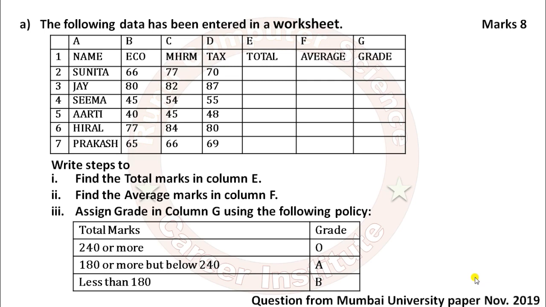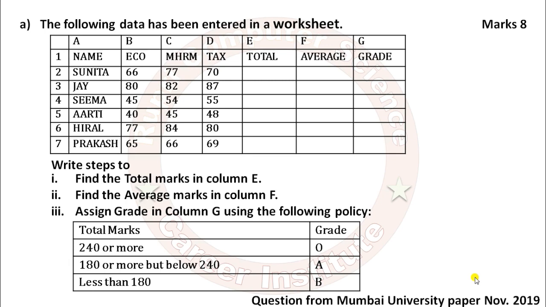Below that the question: write steps to find, first, the total marks in column E. Second, find average marks in column F and the grade by using the following policy: 240 or more O grade, 180 or more but below 240 A grade, and less than 180 B grade. Now we solve this question in Excel software practically.